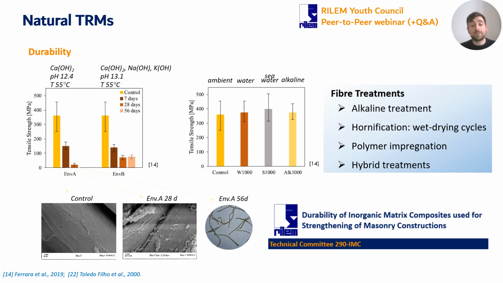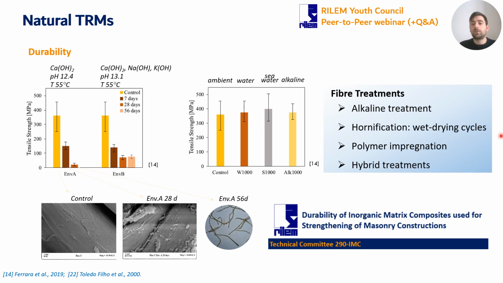In this case, I must cite again the Technical Committee 290 EMC, in which the durability of textile reinforced mortar systems is investigated, and one of the aims is exactly to set some aging protocols that can be adopted to analyze the mechanical properties of this kind of composites with time.